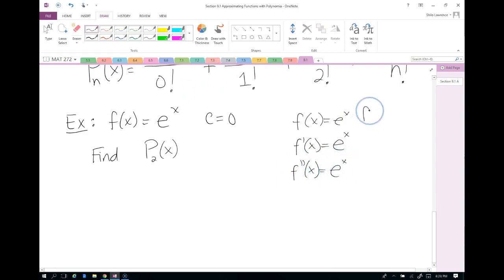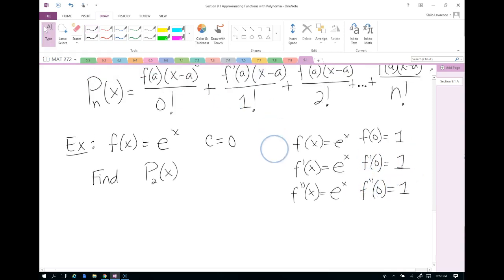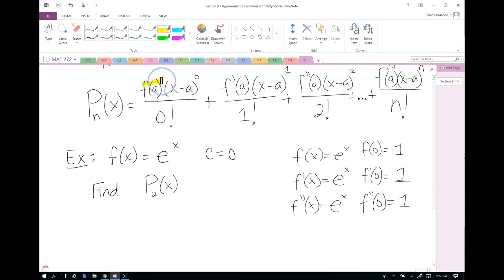And then we evaluate all of these at the center, and e to the 0 is just equal to 1. So f prime of 0 is just equal to 1. f double prime of 0 is just equal to 1. So this is giving me my coefficients for this Taylor polynomial.